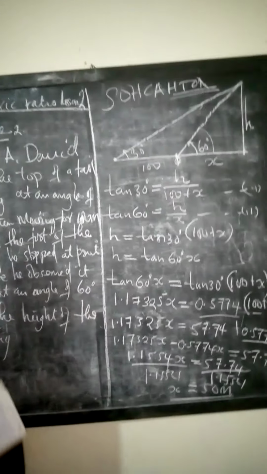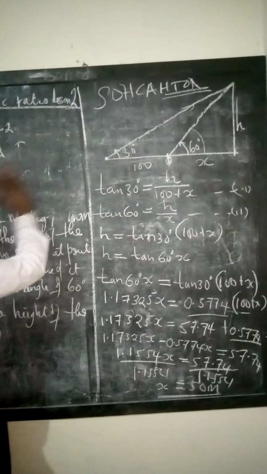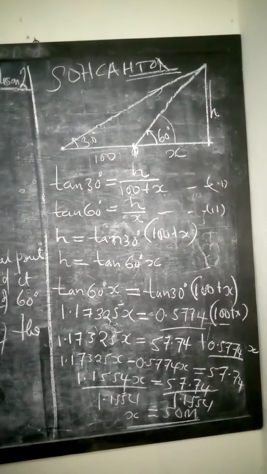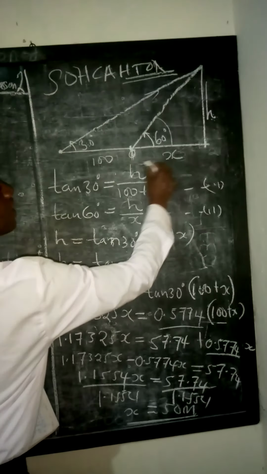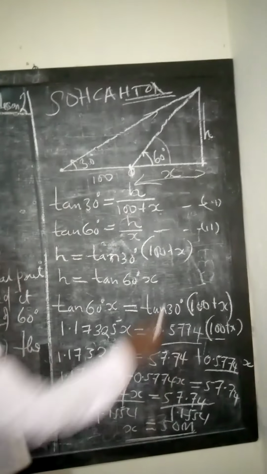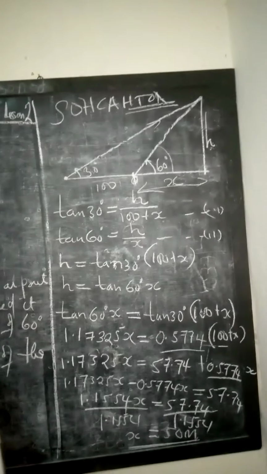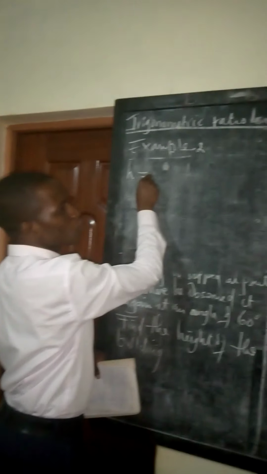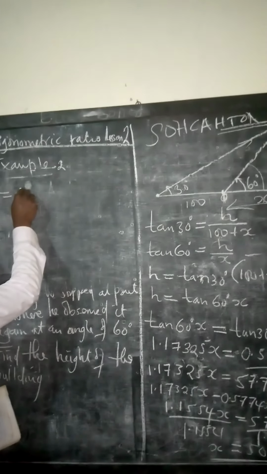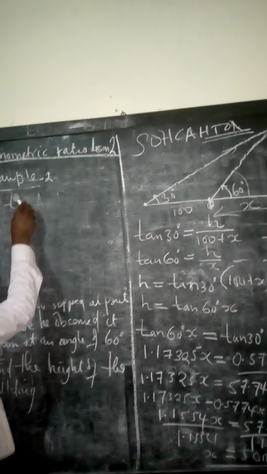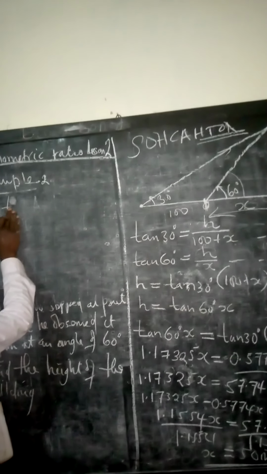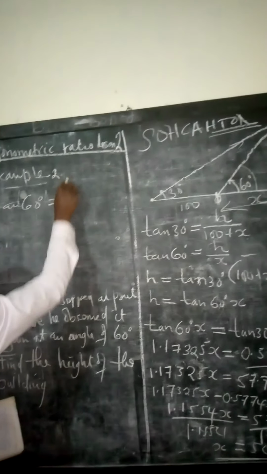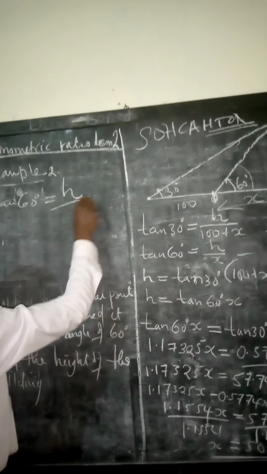But remember, we are required to find the height of the building, of the wall. So in our case, 50 meters is the value of x here, but we want to find our h. Remember our second equation, where tan 60 degrees is given by the ratio of h over x.